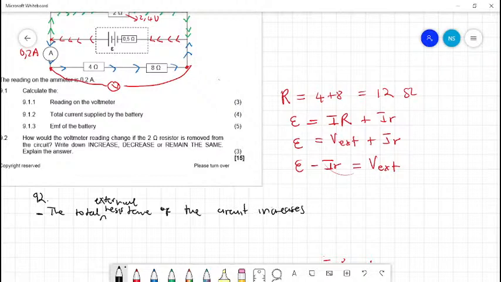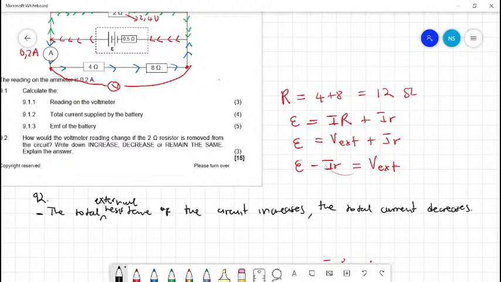When the total external resistance of the circuit increases, what will happen to the current? The total current will decrease.